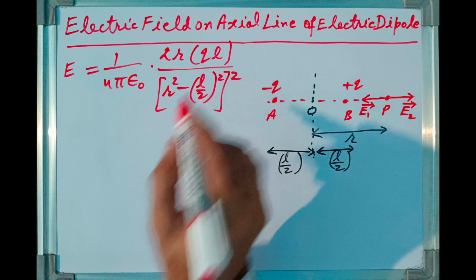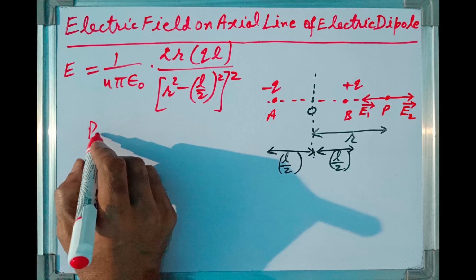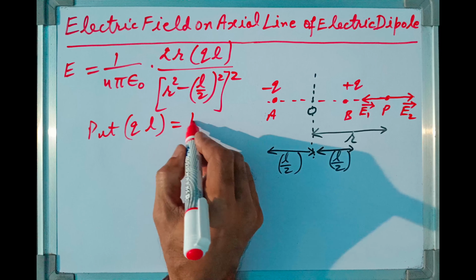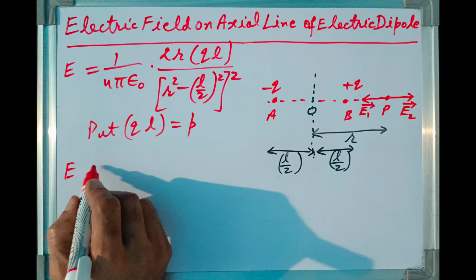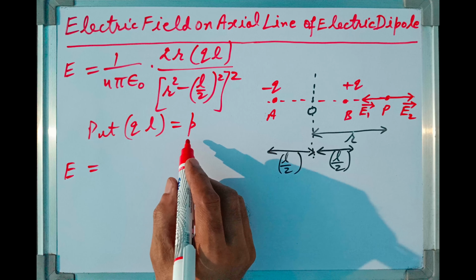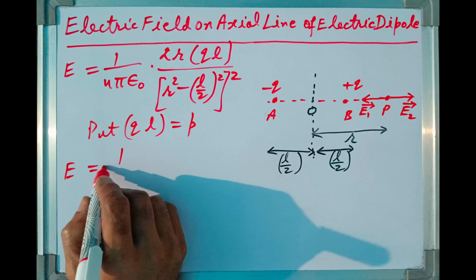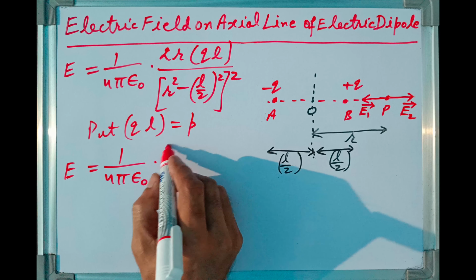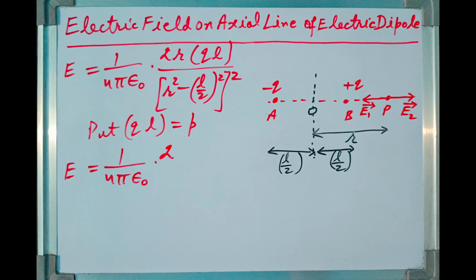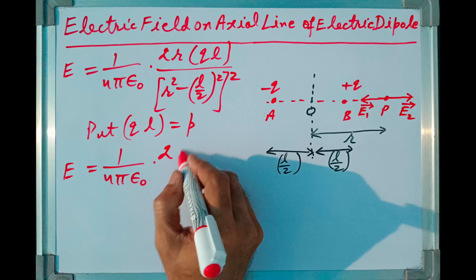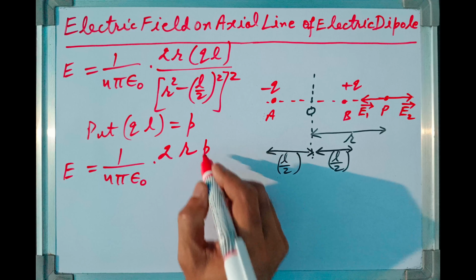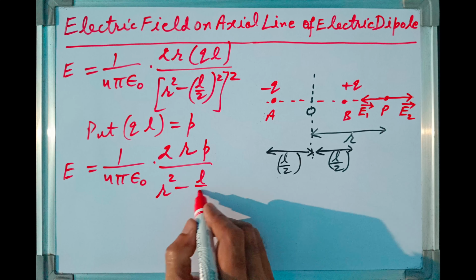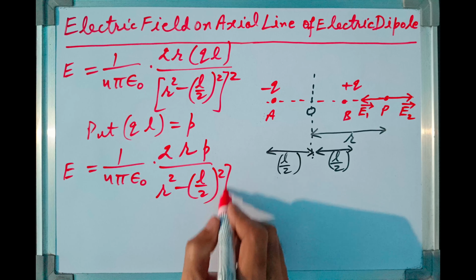Now Q into L can be replaced by p, that is the electric dipole moment of the dipole. So E is equal to 1 upon 4 pi epsilon naught 2 r p divided by r square minus L by 2 square whole square.